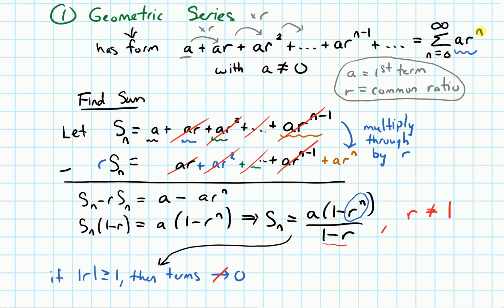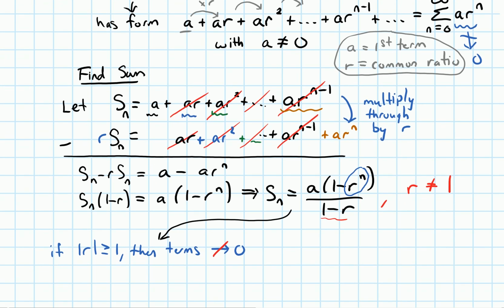So ar to the n. As n gets really, really big here, ar to the n is not going to go to 0. It is not going to go to 0 when the absolute value of r is greater than or equal to 1. And if the terms don't go to 0, the nth term test says that the series diverges.